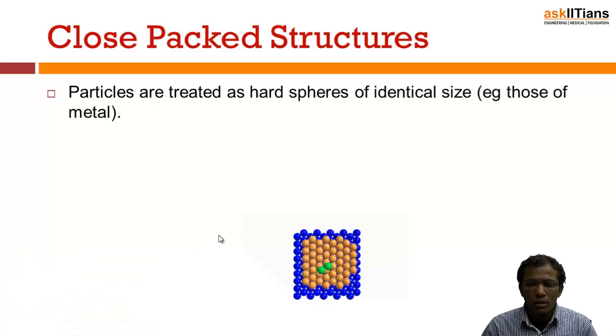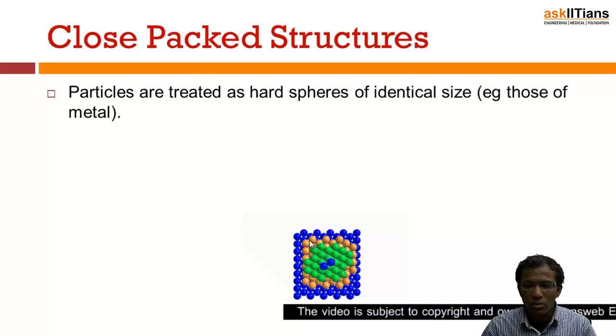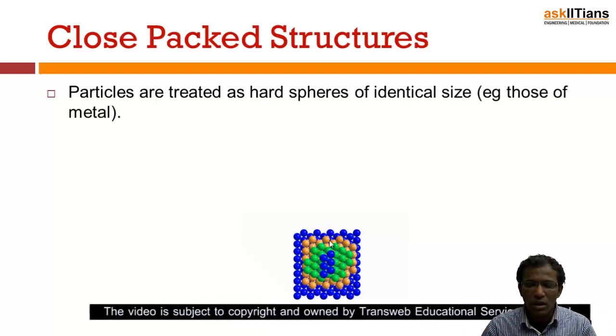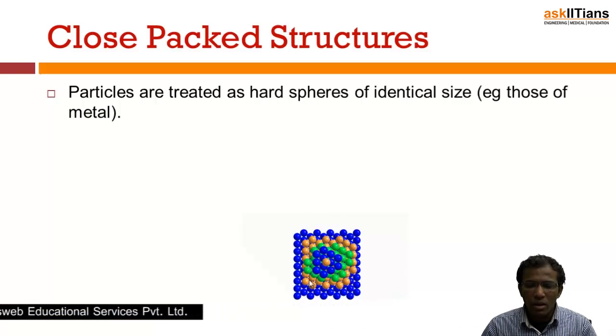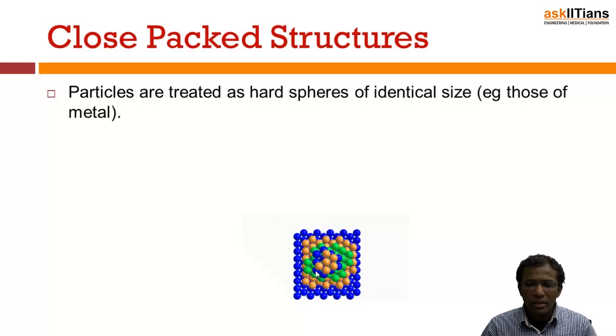Here you can see there is one blue layer which is arranged, and above the blue layer one more layer is arranged, differentiated with another color, and above that there is a green layer, and above that there is a blue layer again. That means it's repeating, right?